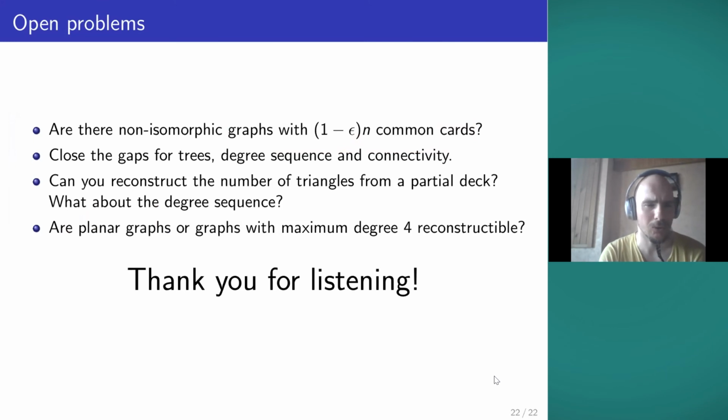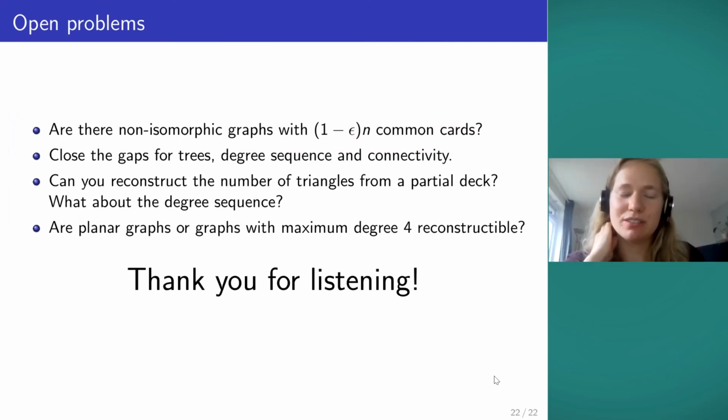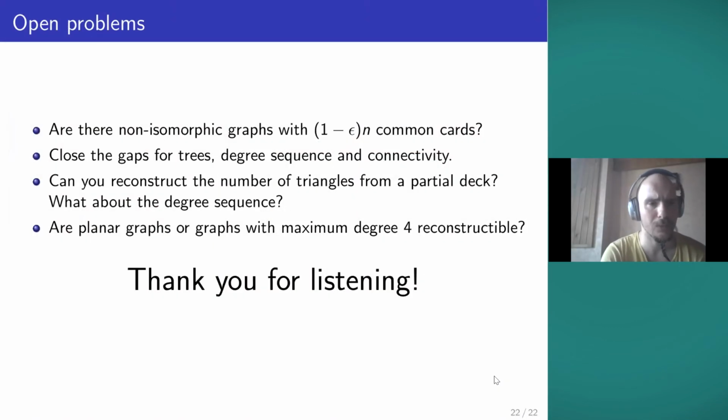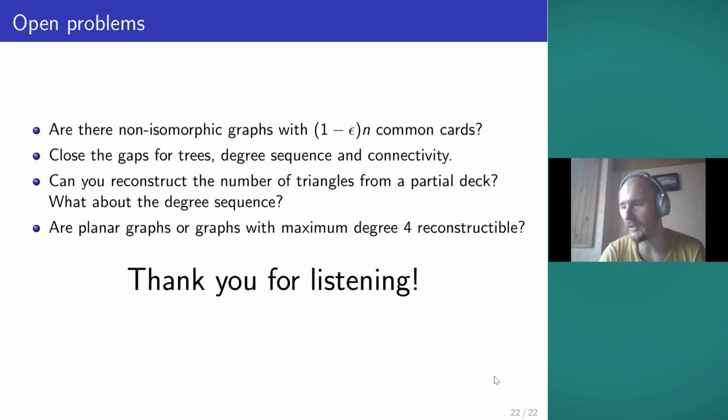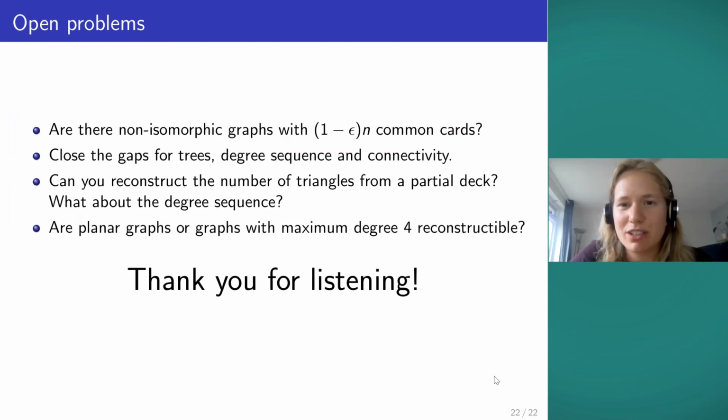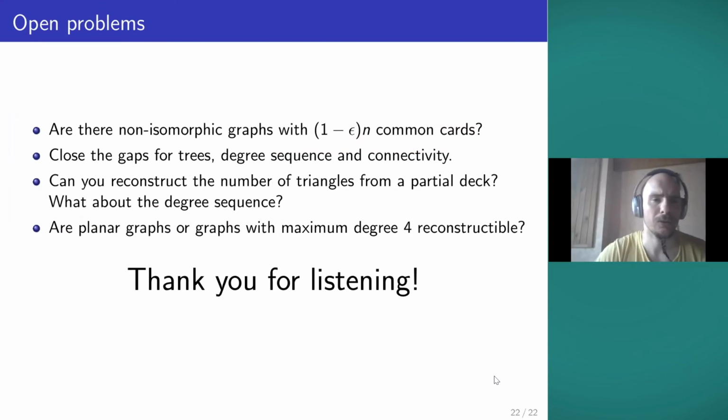So not the worst choice, but a random choice. Is it in any setting like, for example, the number of edges? For reconstructing the number of edges, if you get a random set of cards.